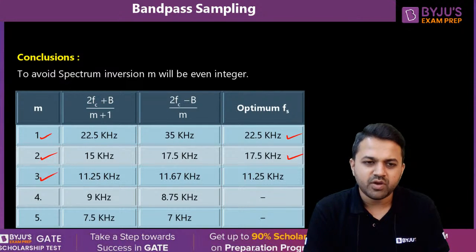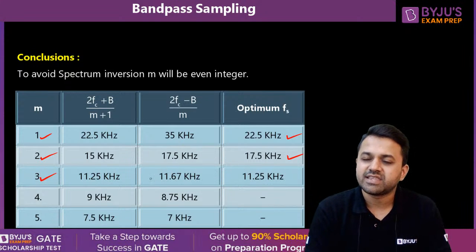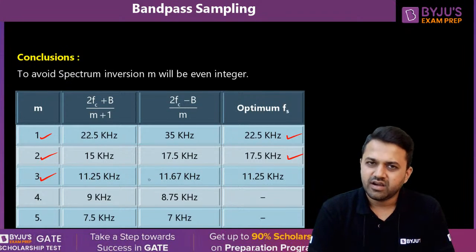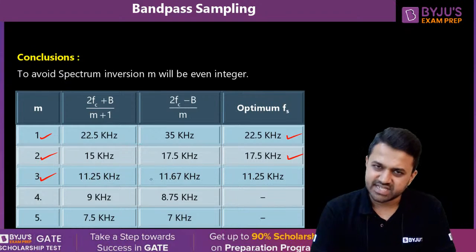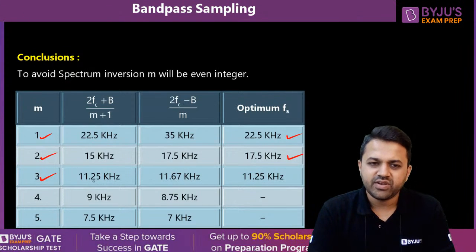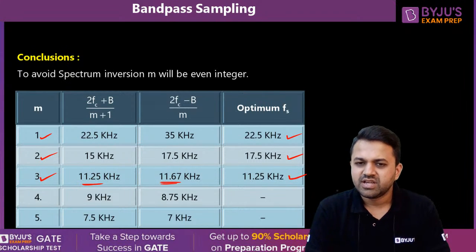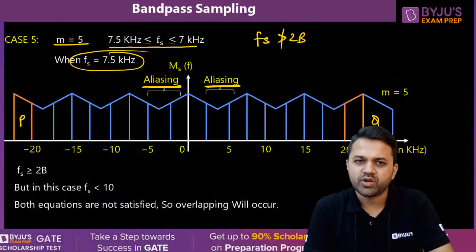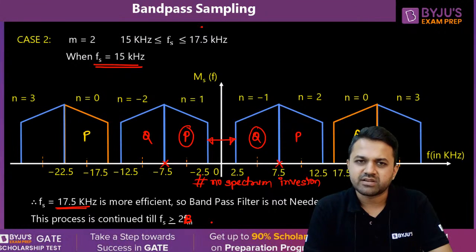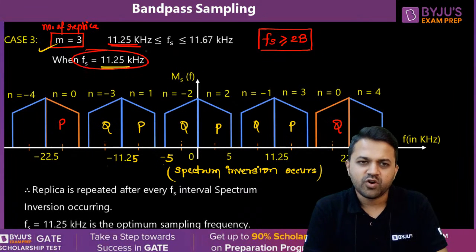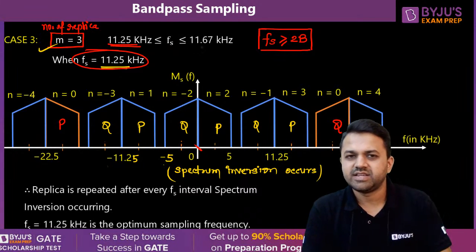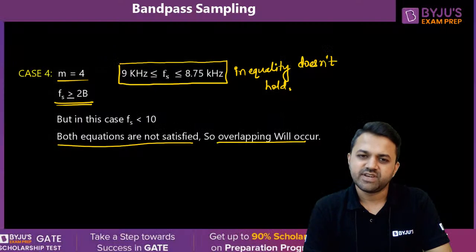But when we choose m equal to 3, we still get a valid sampling frequency which satisfies the Nyquist criteria: 11.25 and 11.67. Out of these two, the optimum one was 11.25, because it gives the spectrum exactly at the origin, which is our practical desired characteristic of the low pass filter.